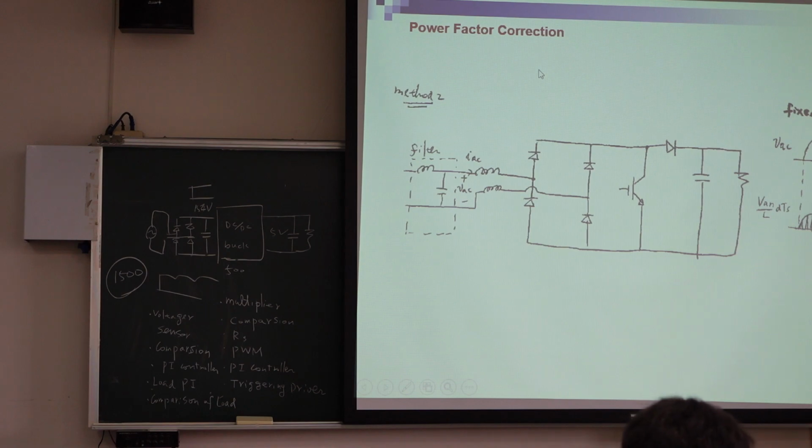So I can get input. How about input? Input we have VAC like this. How about our current? Our current is like this. If I take the average, it is like this, right? So I have a near sinusoidal current like this.